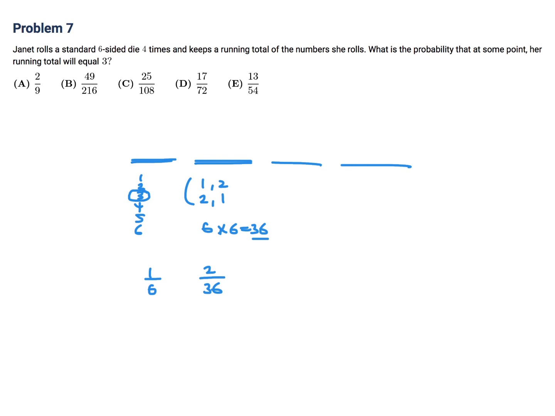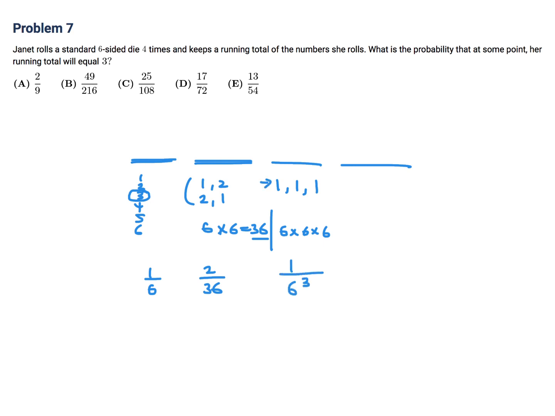The only way for the running total to be 3 is if we had 1 for the first roll, 1 for the second roll, and 1 for the third roll. And similarly, there's 6 choices for each of the three rolls. So there's only one scenario here, so 1 out of 6 to the power of 3.